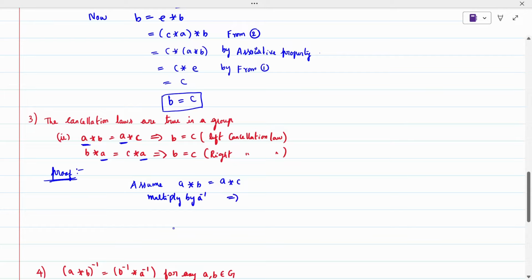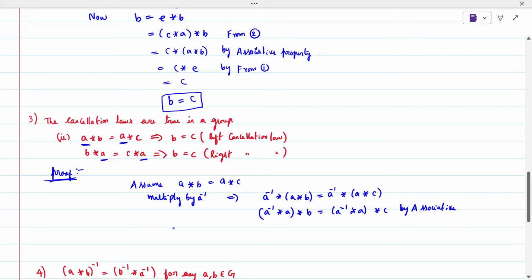Okay, when I multiply it, what I will get? A inverse star A star B. It's like a pre-multiply. Okay. So A inverse star A star C. Now change the bracket. As per the associative, I can change the bracket in both left and right. I have changed by associative property.